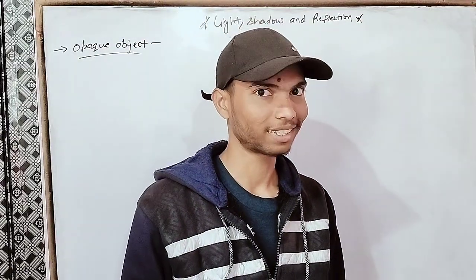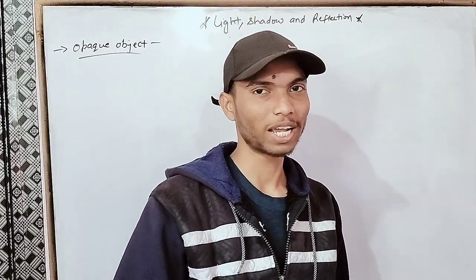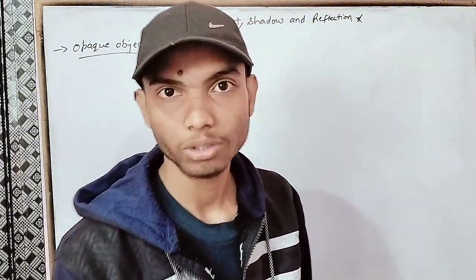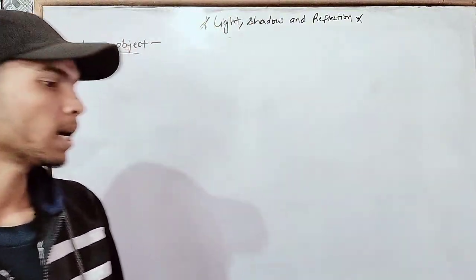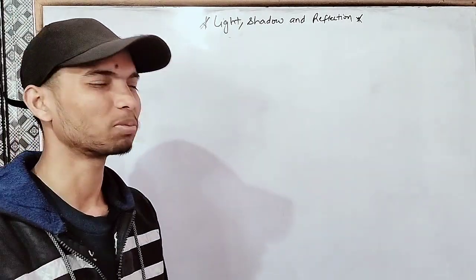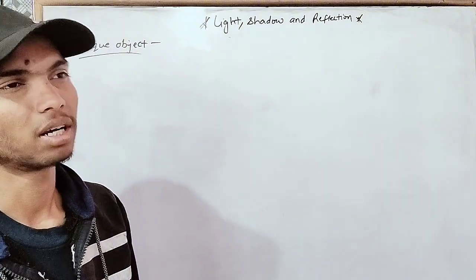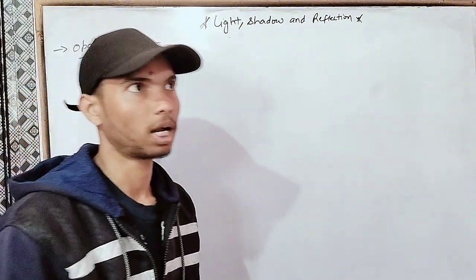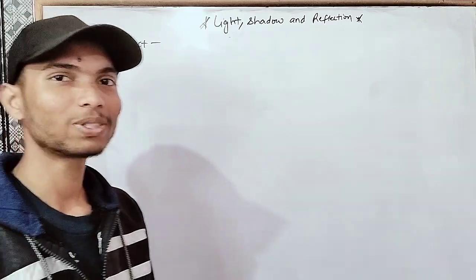Okay, clear? That's why we should have a screen, to see the shadow. Second, the object will explain which object is transparent, which is translucent, which is opaque. And third, light is compulsory to see anything.